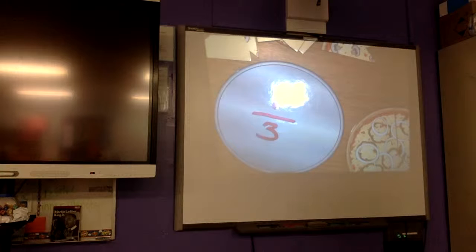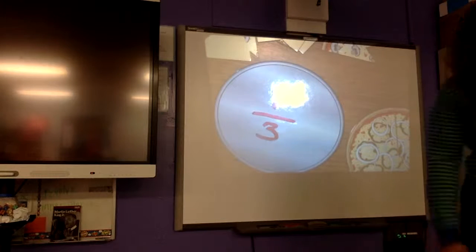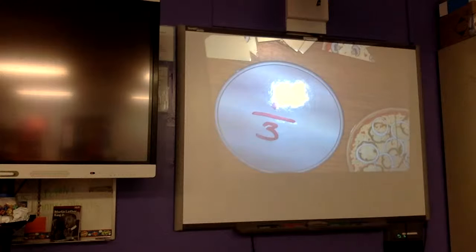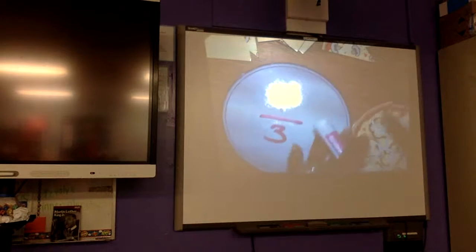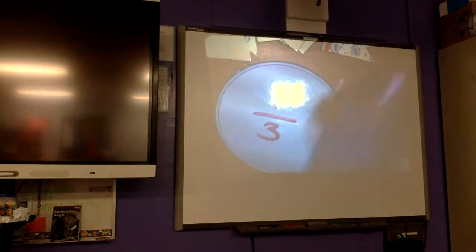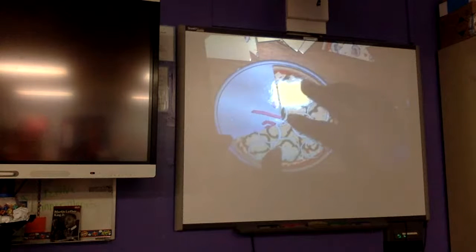So all I want you to do is take out, don't line up the rest of them. Take out the orange and take out the pink and just slide the rest to the side. Now, here we go. Got my thirds, right? My 3 pieces here.